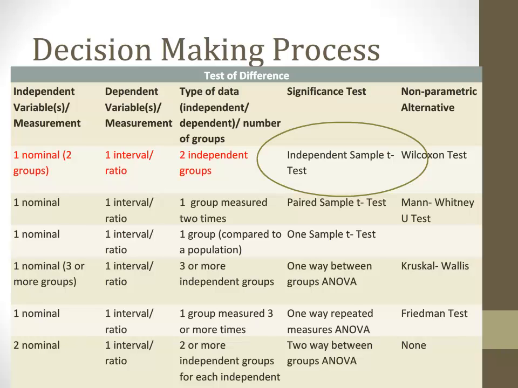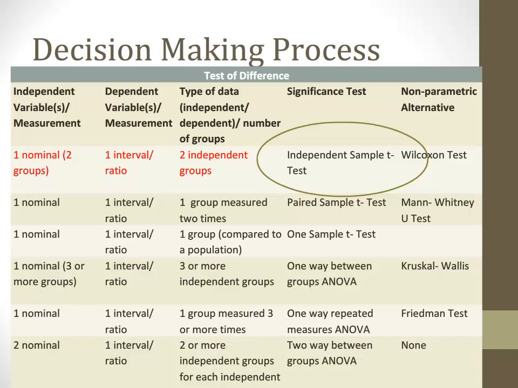So we have one nominal independent variable with two levels, one dependent variable that was measured at ratio level. The next question relates back to the independent variable. Remember, we looked at whether our data was independent or dependent, and we determined that it was independent, and we also determined that we just had two groups.